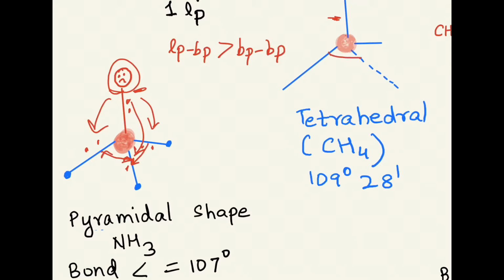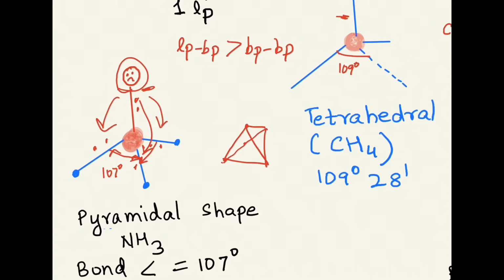The bond angle no longer remains 109 degrees, it reduces to 107 degrees. The shape, see, it is like this and this. It's a pyramid, right? So it becomes a pyramid structure now. Can you imagine what will happen if 2 lone pairs of electrons come into the picture?